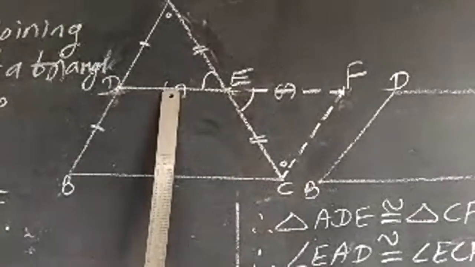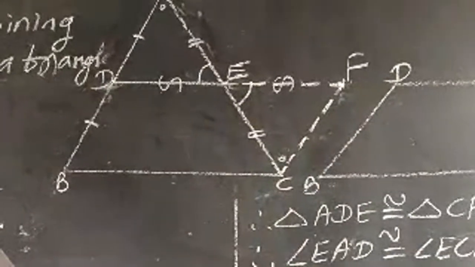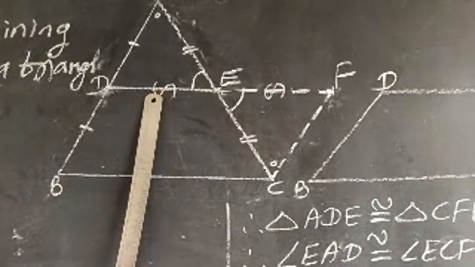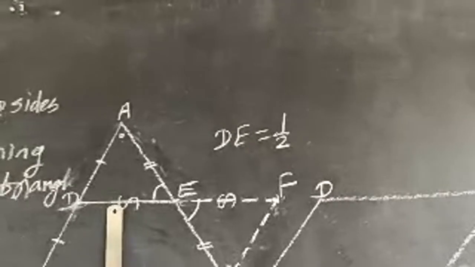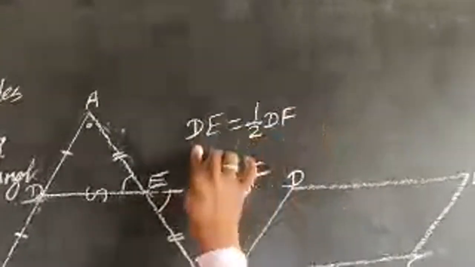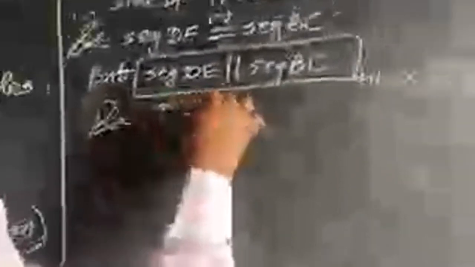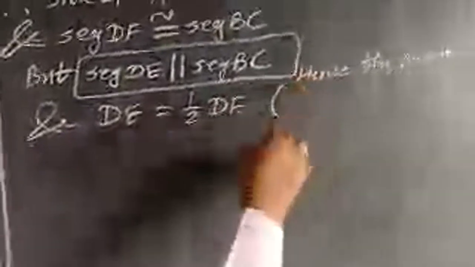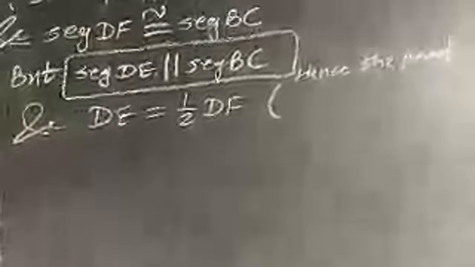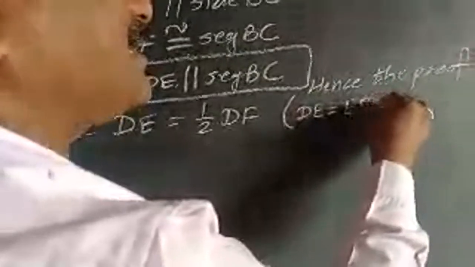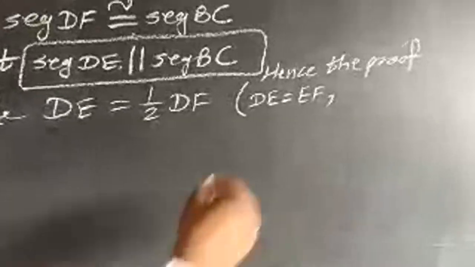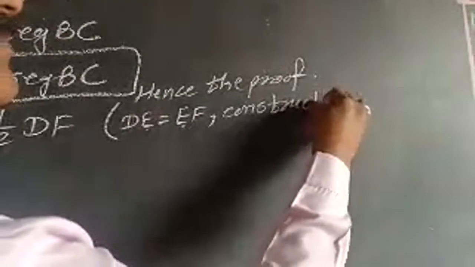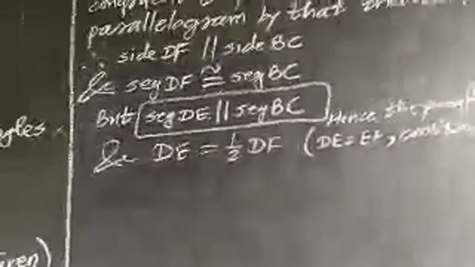This small part is how many times the big part? Half. That is, DE is equal to half of DF, because DE and EF are congruent, and that is from the construction. Because of the construction we write this conclusion.